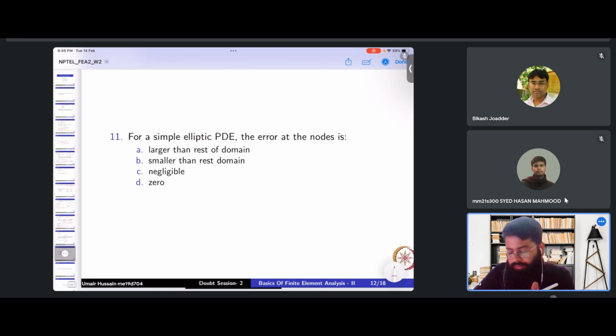Okay, so for a simple elliptic partial differential equation, the error at the nodes is actually zero.